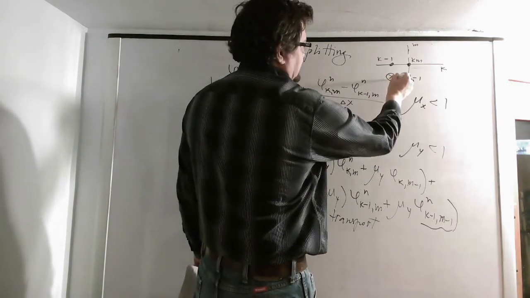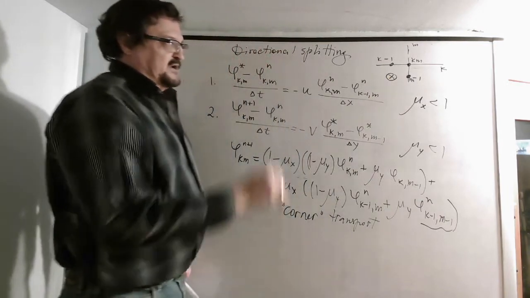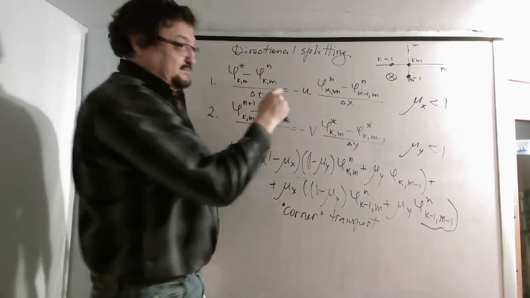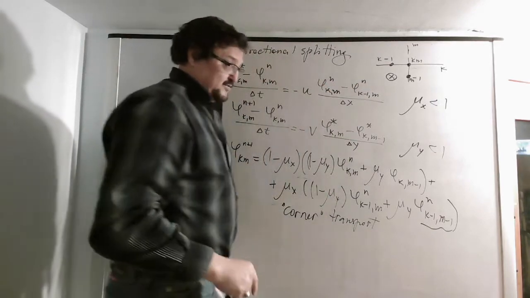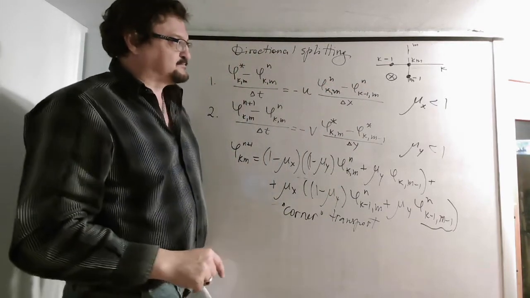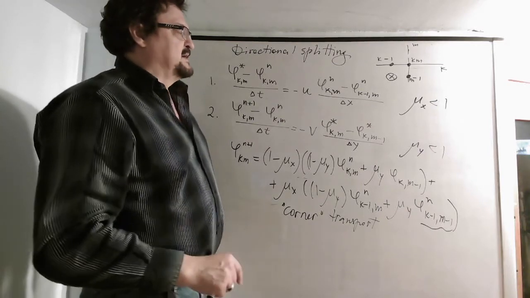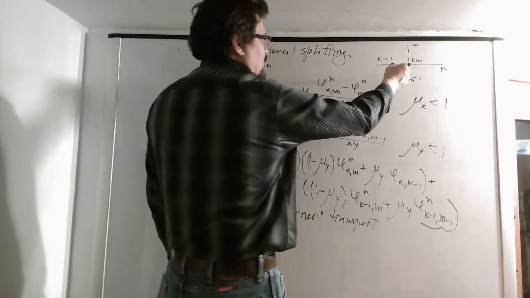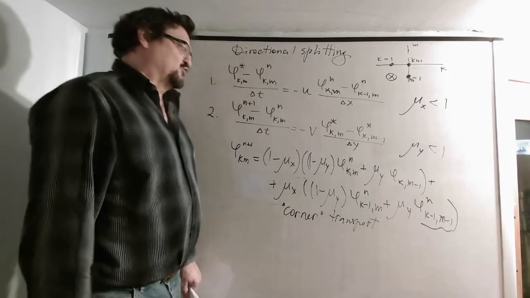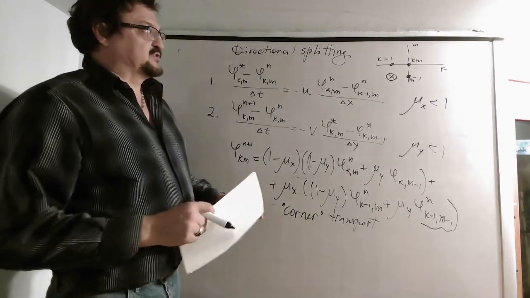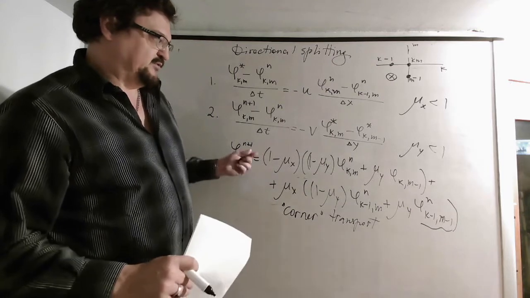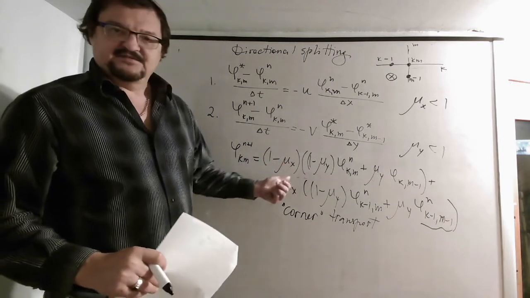So this is an additional point that we introduced, and introducing this point fixes the stability of the scheme. And it's called corner transport. I don't know, some special corner here. So it's not quite an upstream bias scheme, because if you write an upstream bias scheme, it's written slightly differently.